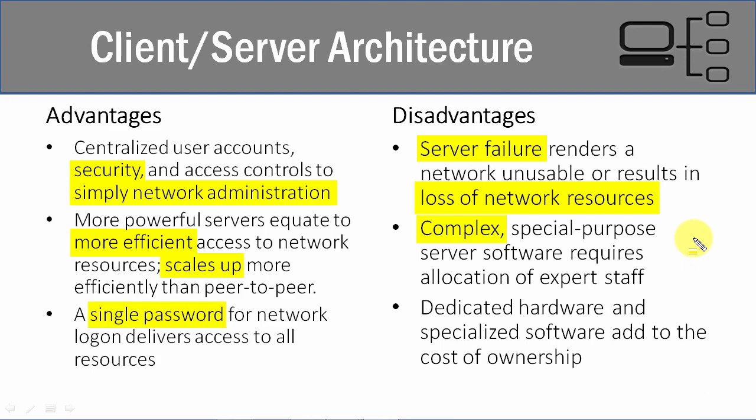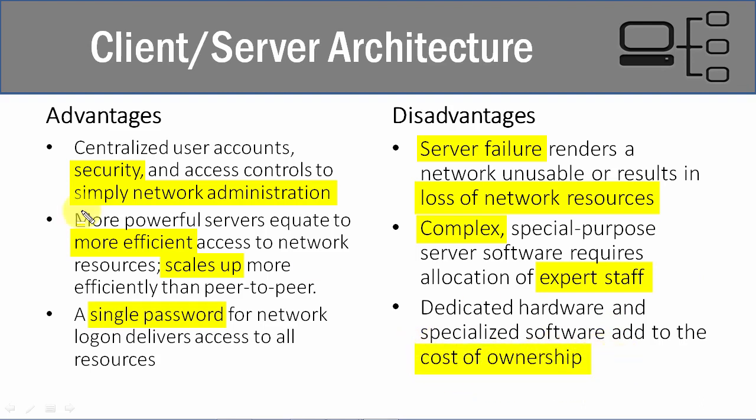And then you also have to set up your clients with client systems and client software. So it's a lot more complex and a lot more expensive, and it requires more expensive hardware and software, but it also requires expert staff. So we have to have system administrators, network administrators, help desk people, and desktop support. So again, it's a lot more expensive. And this really increases our cost of ownership.